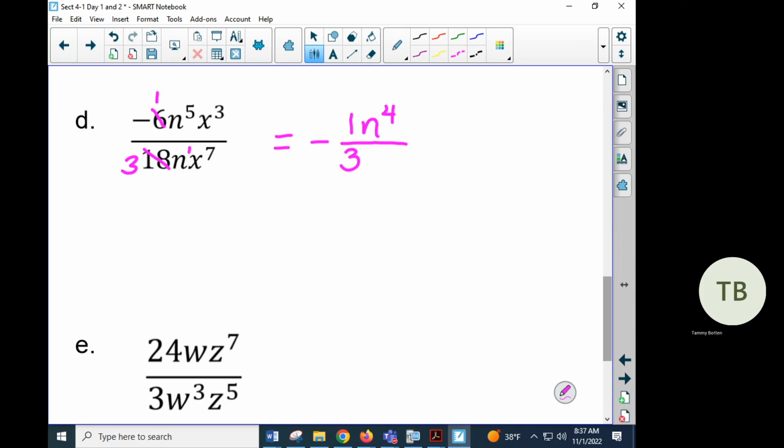Now you have 3 x's on top, 7 on the bottom. So how many x's would we have left? 4, and where would you put them? Bottom, thank you. Right? So that would be your answer. And again, you don't have to have the 1, and the minus could go on top, it could go on the bottom, as long as you have it.